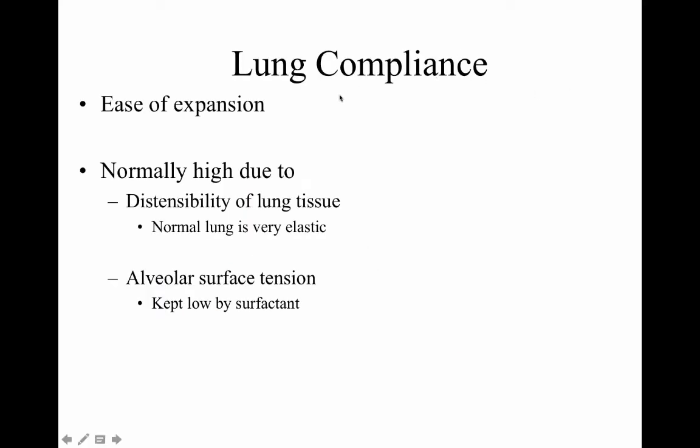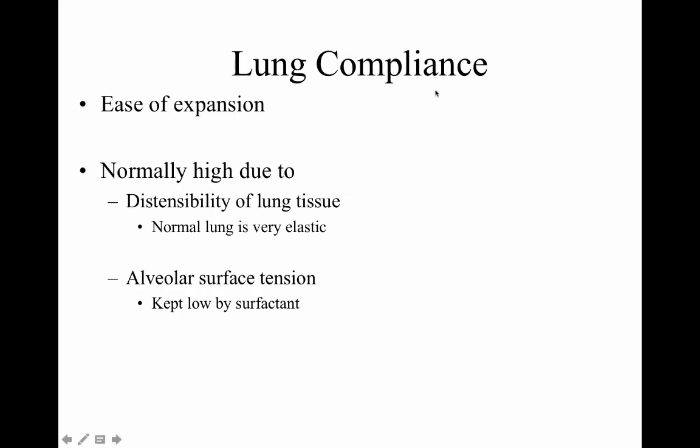Lung compliance then is the concept of how easily the lung expands, and this is normally high due to distensibility of lung tissue. Normal lung is very elastic. Alveolar surface tension is kept low by surfactant.